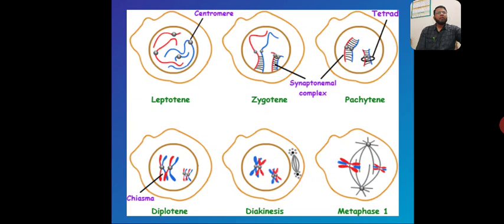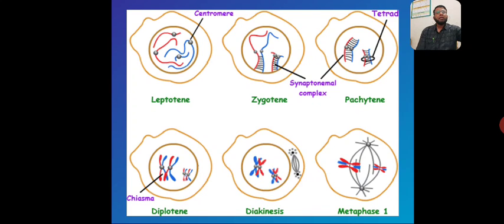As a result, variation in the genetic material increases significantly, and tetrad formation takes place from the bivalent. Bivalent means two bundles, and here a tetravalent, or tetrad, is formed: four bundles of chromatids.